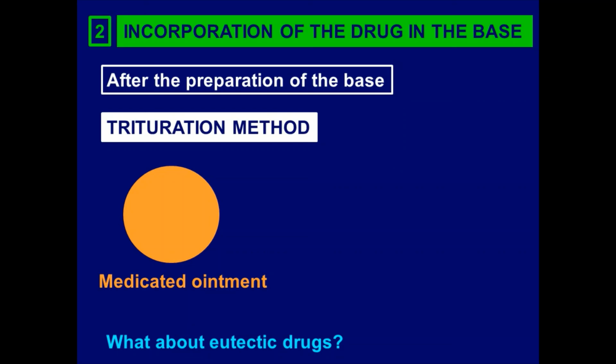We said eutectic mixtures are solids. When mixed together, they give a liquid. So mix the two eutectic solids together to give a liquid. Then triturate them with some of the base to form the concentrated ointment. Then add the concentrated ointment to the rest of the base to form the medicated ointment.